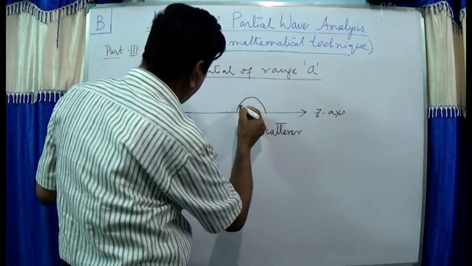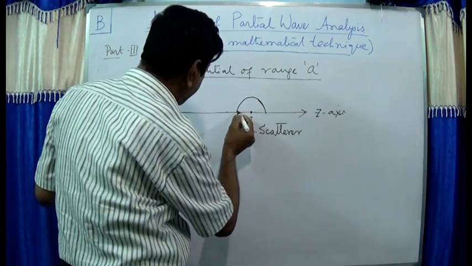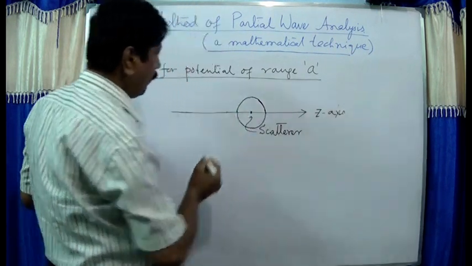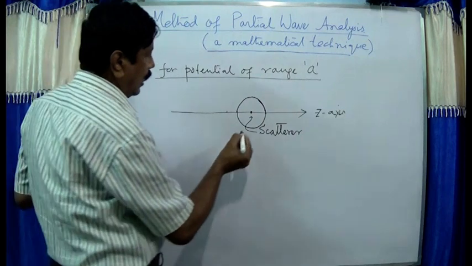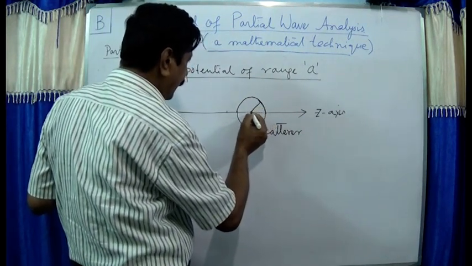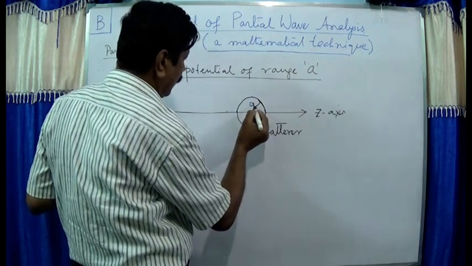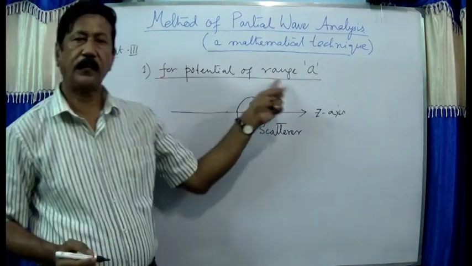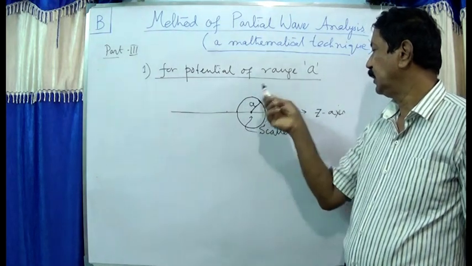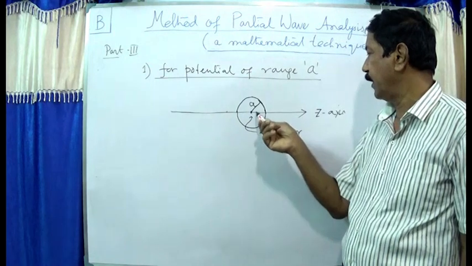Now around the scatterer, let the range of the potential be, that is the radius, say it is A. So A is the range of the potential, and we have drawn the potential symmetrically around the scatterer.